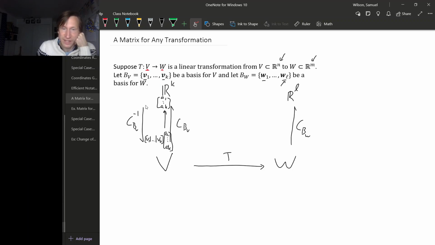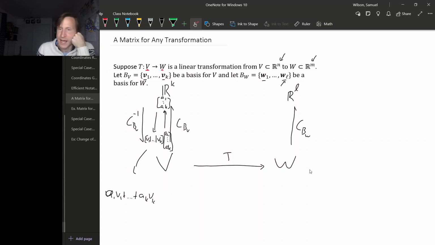And the inverse takes the vector of coefficients and sends it to this matrix product. Remember, this matrix product is really just A1 V1 plus dot dot dot up to AK VK, right?